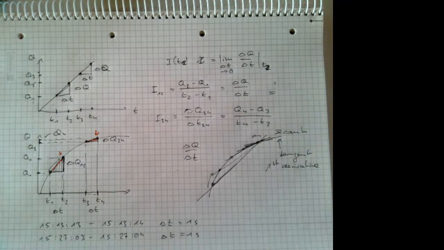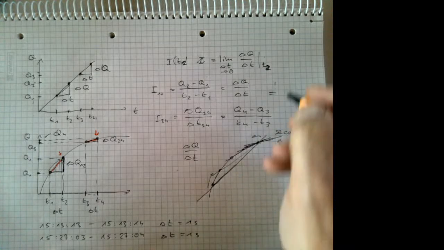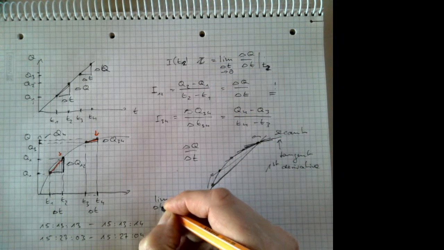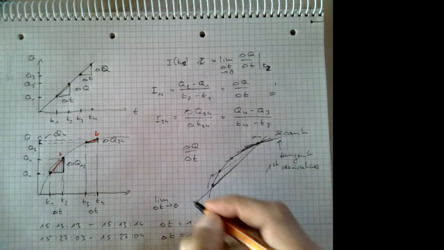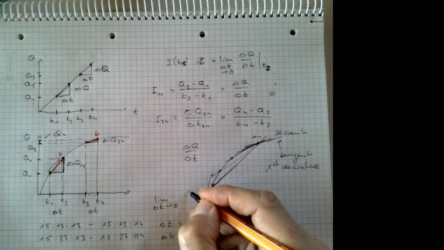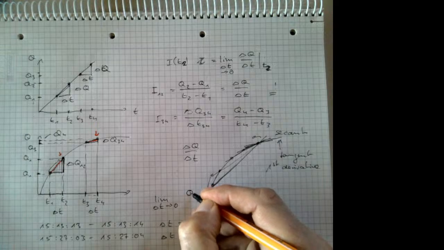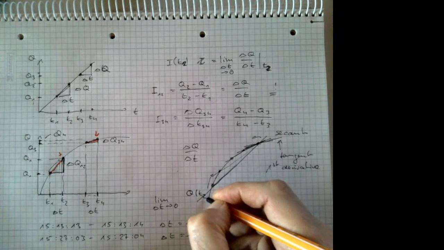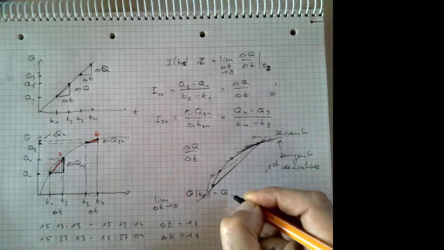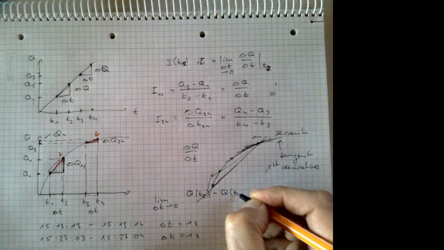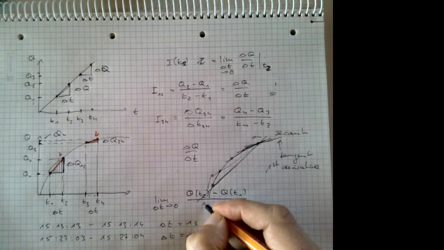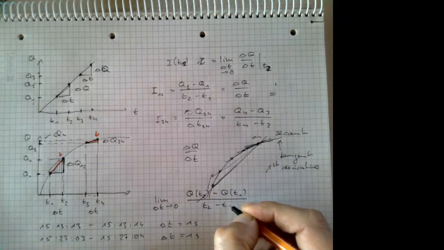So maybe I should rewrite this. What I mean is, when I say the limit of delta t approaches 0 of q(T2) minus q(T1) divided by T2 minus T1.